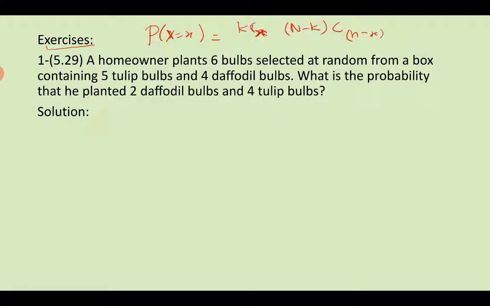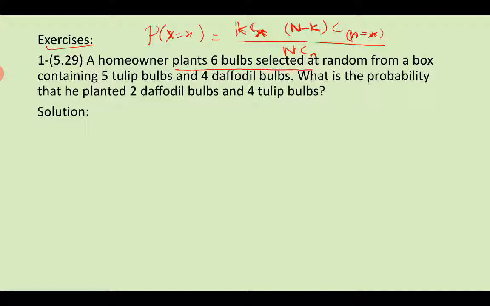That is, the meaning is x successes from K successes, n minus x failures from capital N minus K failures, isn't it? Divided by N C n, small n from capital N. This one. So from this information, what do we get?